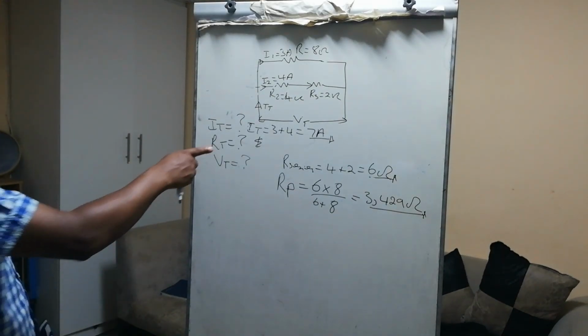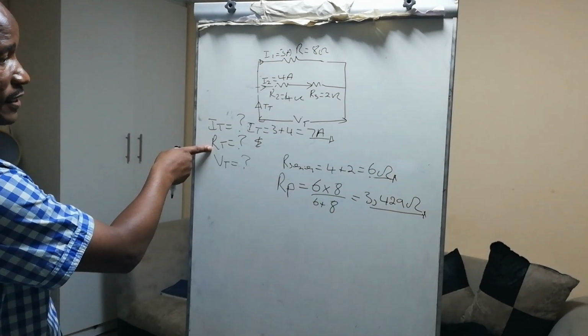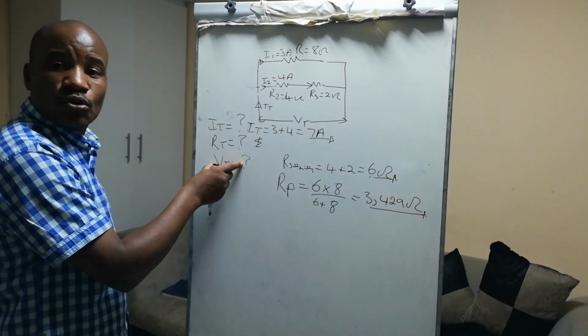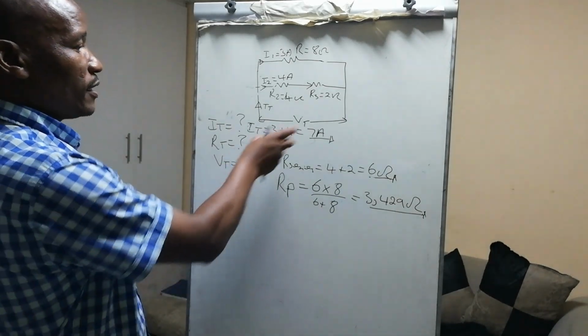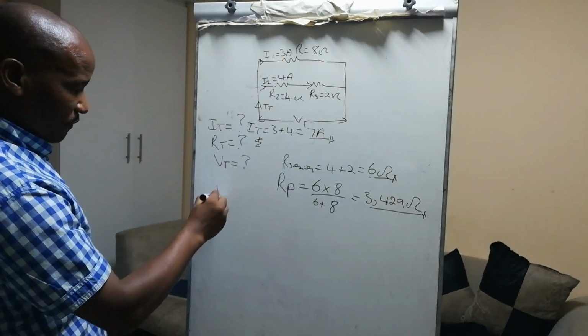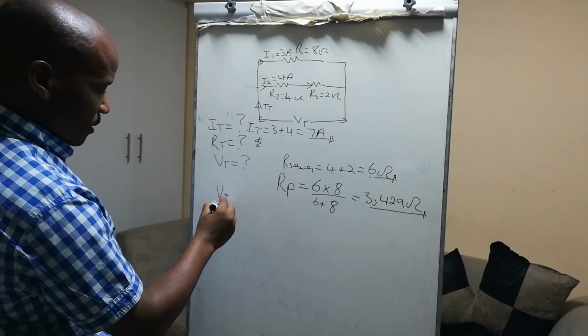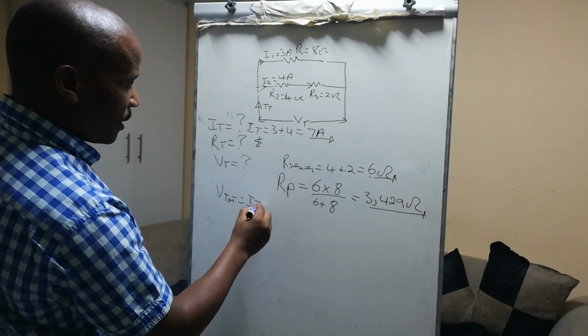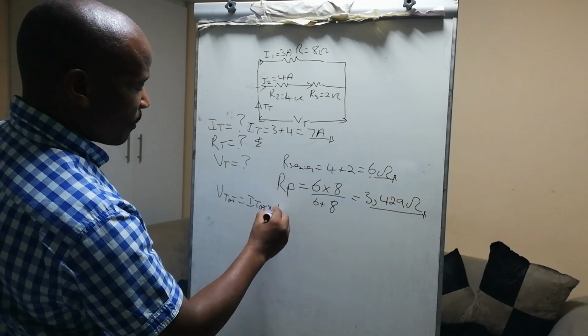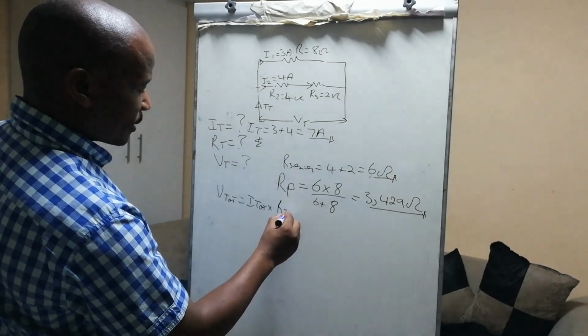And then, the total resistance is calculated. They wanted me to calculate the total voltage. The voltage there, V total, is equal to the total current multiplied by the total resistance.